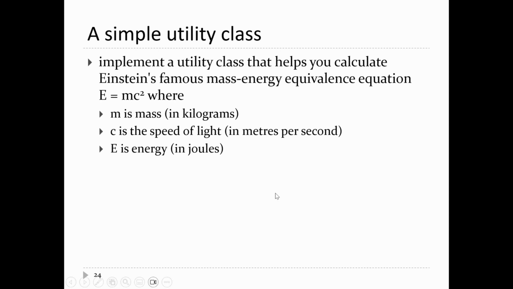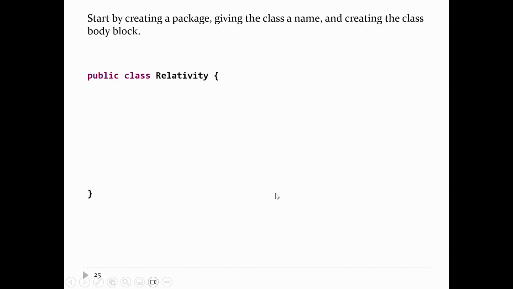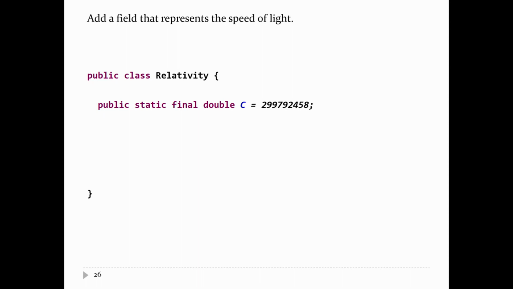Okay, so if you want to put it in a package, you make a package and give it a name. I'm going to use the name relativity. That's just the same as making any other class. I'm going to add a constant that represents the speed of light. So public static final double.